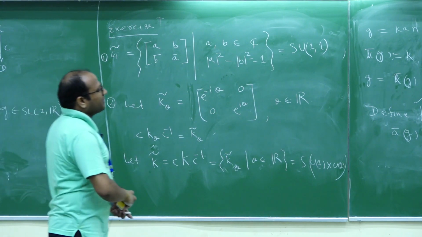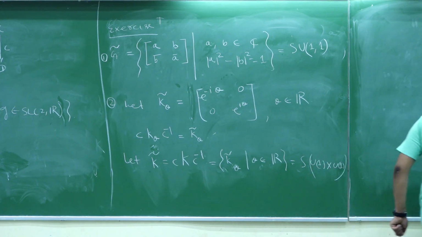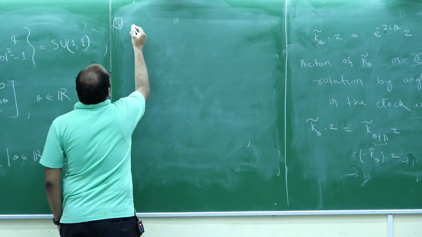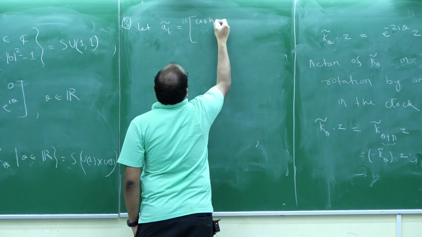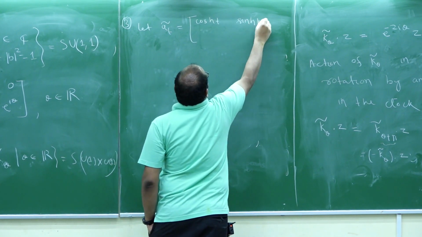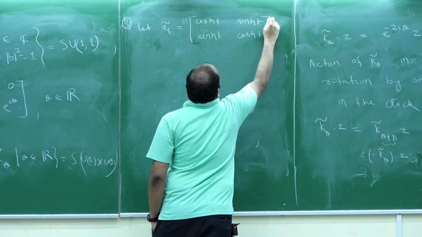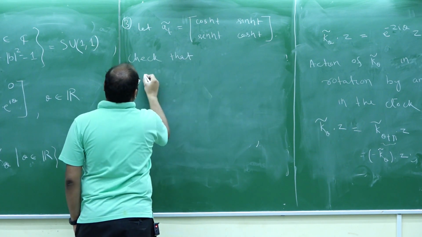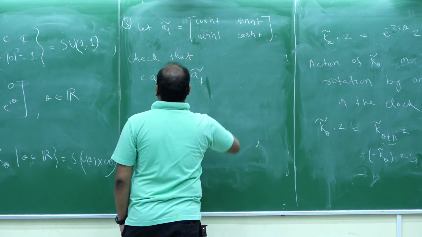So now we want to look for the A. These are simple exercises. Let's check that. Let A t tilde, I define something. This is really cosh(t), sinh(t), sinh(t), cosh(t). So let's just check that C A t C inverse equals A t tilde, where C is that one.